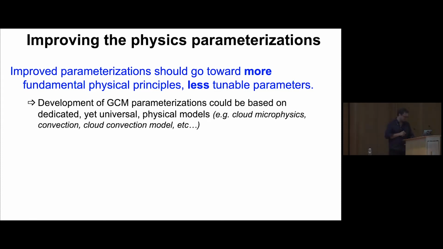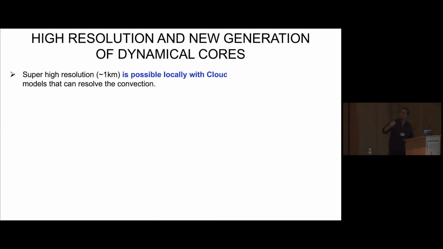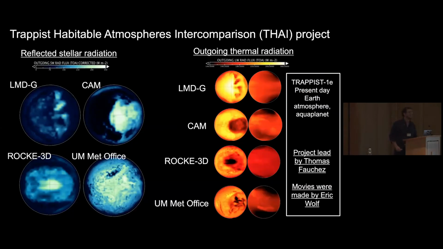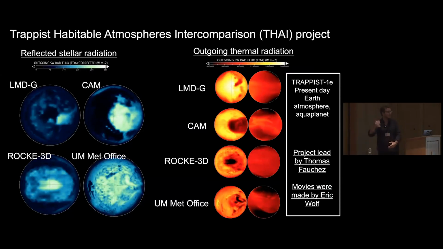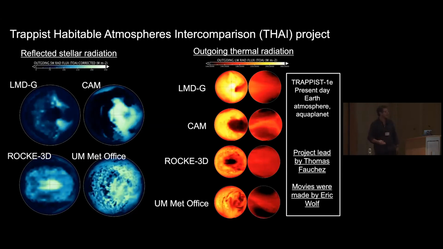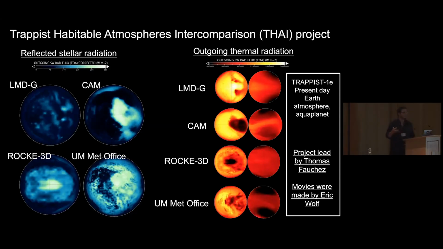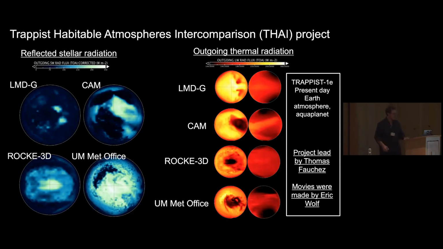If I go back to the GCM intercomparison movie I showed you here, you see some differences in the reflected stellar radiation. That actually means that there are differences in cloud formation in these different GCMs, which means that there are probably a lot of differences in the convection scheme.